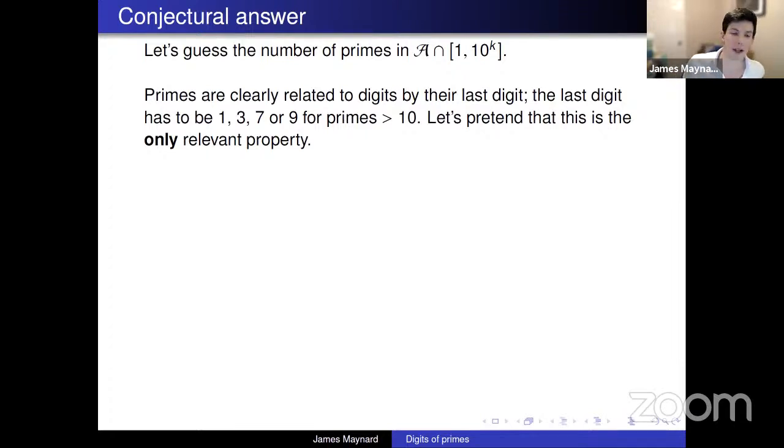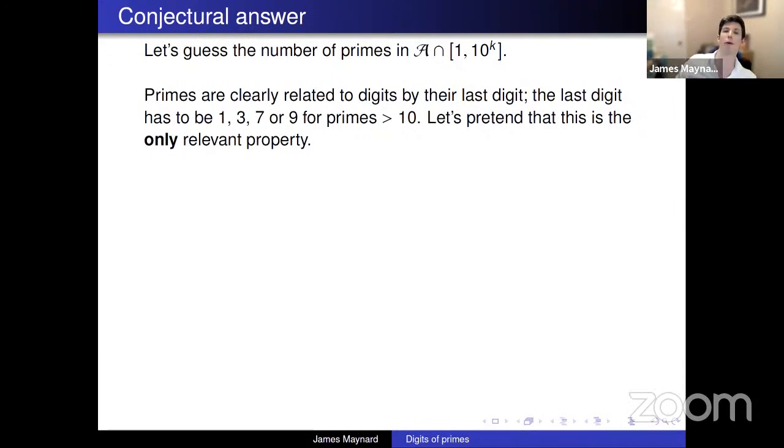Also, of course, there are other properties, like the sum of the digits of a prime number can't be a multiple of 3 for primes which are more than 1 digit. But the sum of digits property doesn't seem to be so directly related to the property of having a 7 or not having a 7.